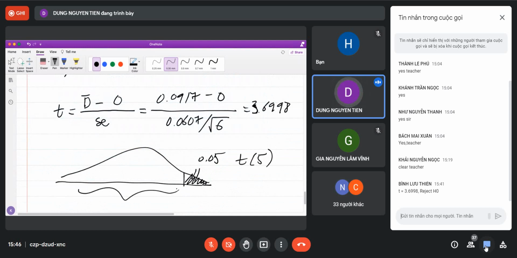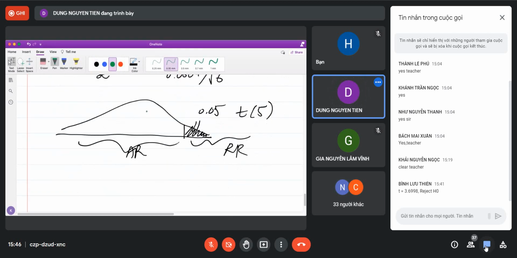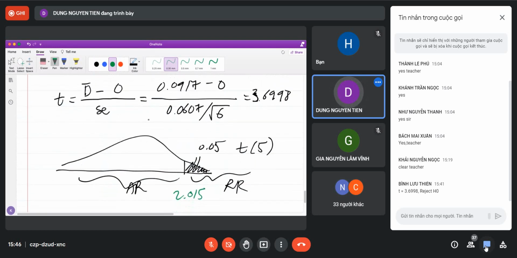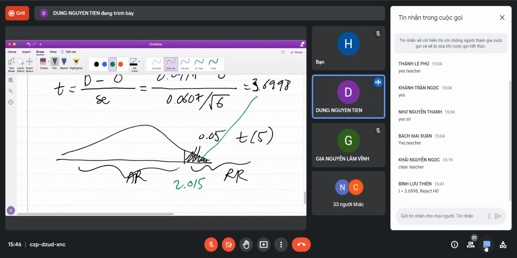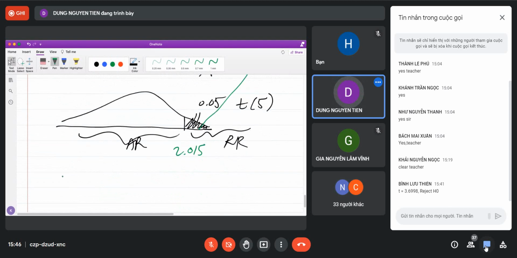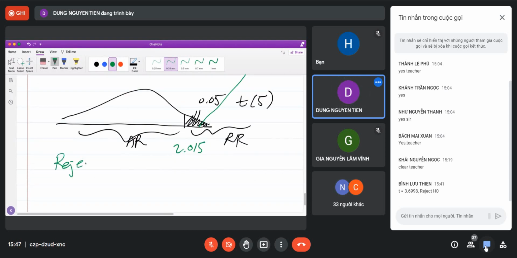And this is the acceptance region, and this is going to be the rejection region. And you get the critical t value, which is 2.015. Do you understand? Okay. You can compare t with that number, and you see that this value is greater than the critical point 2.015. Therefore, we can reject the null hypothesis.